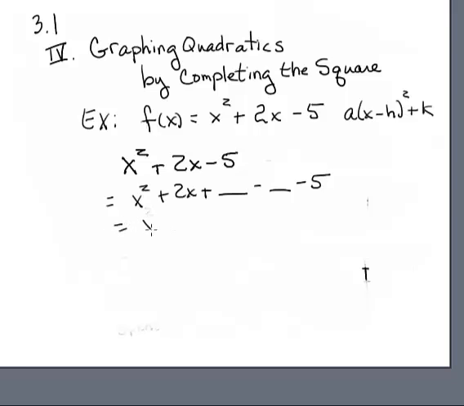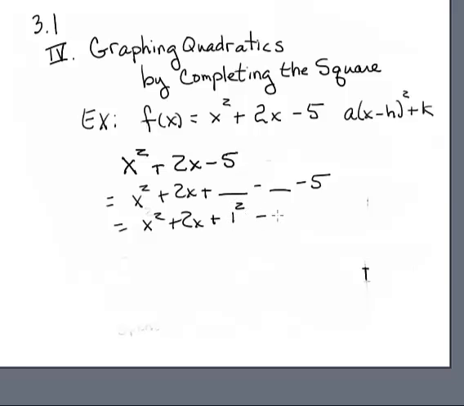So I'm going to take x squared plus 2x. Now I need that perfect number so that when I factor, they come out identical. To find that perfect number, you take half the middle term. So half of 2 is 1, and you square it.